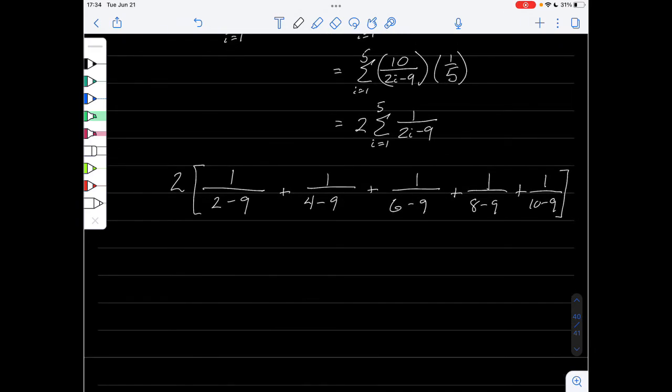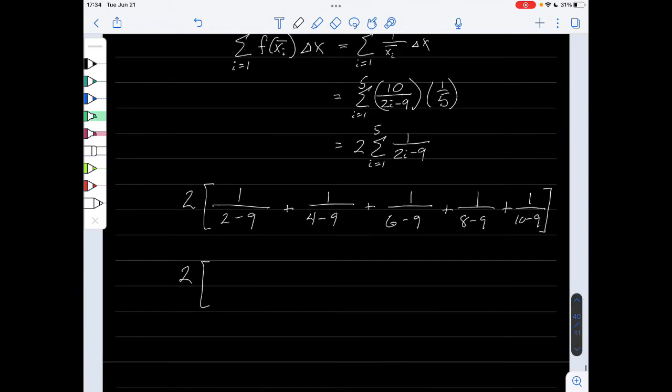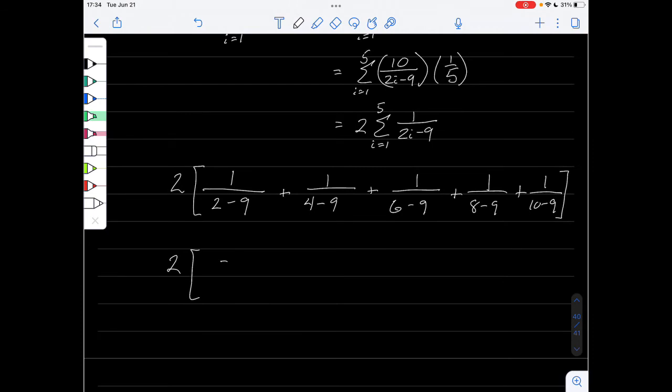Okay. So this is 2 times negative 1/7 minus 1/5 minus 1/3 minus 1 plus 1.